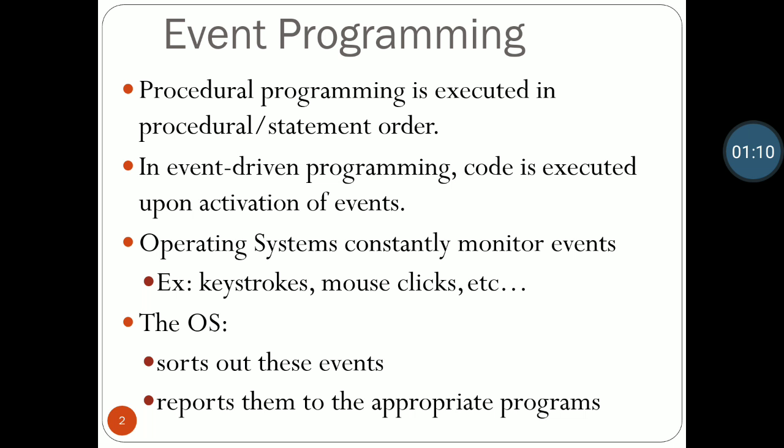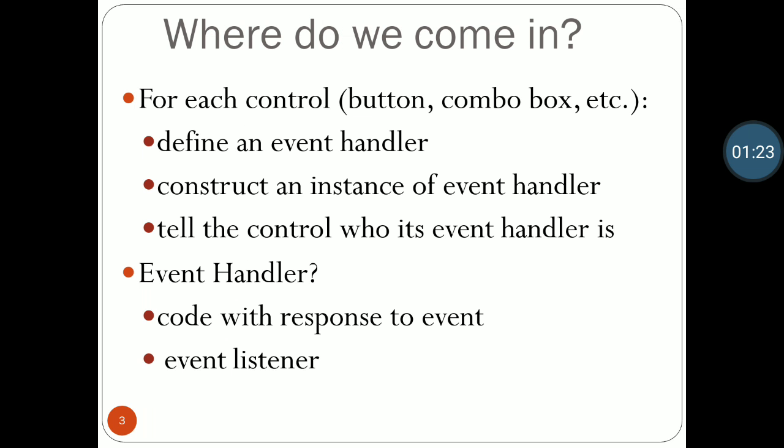Let's see here the OS sorts out these events, means mouse click event, keystroke event. Also the OS reports them to the appropriate programs. Now let's see where we come in. For each control, means button, combo box, etc., define an event handler.